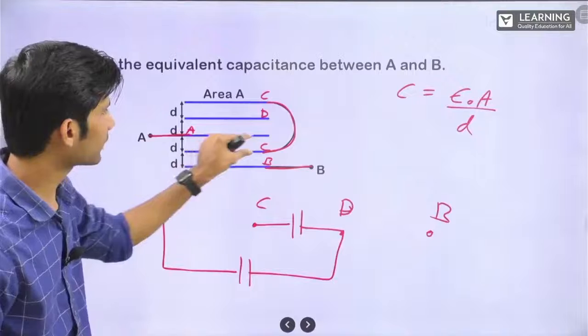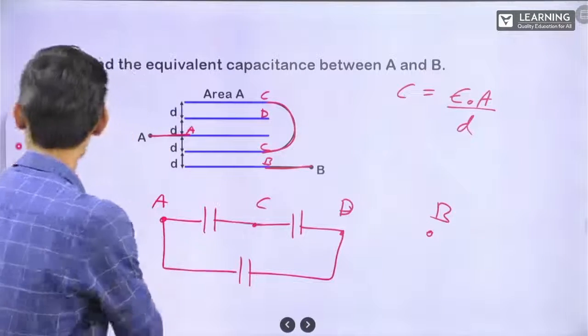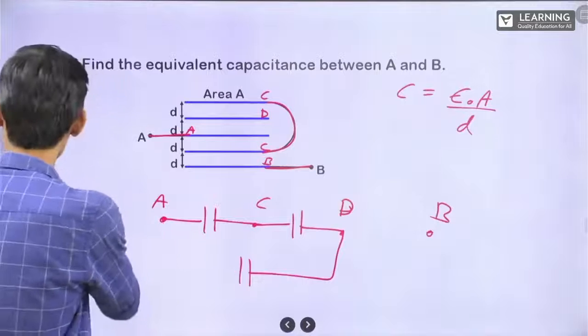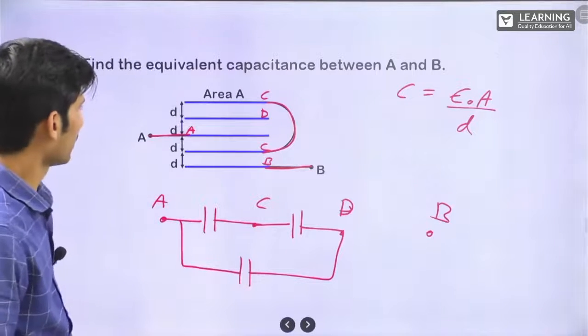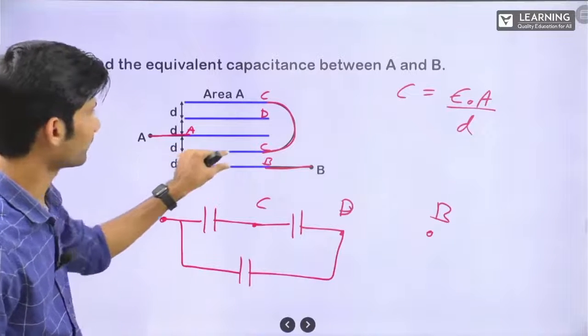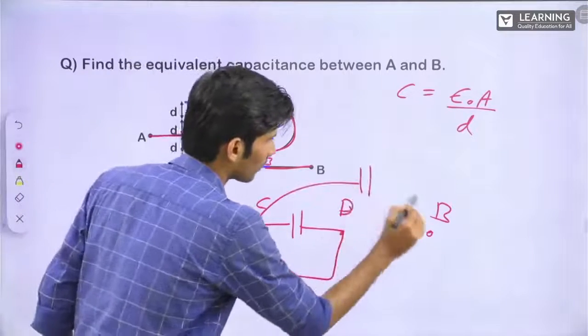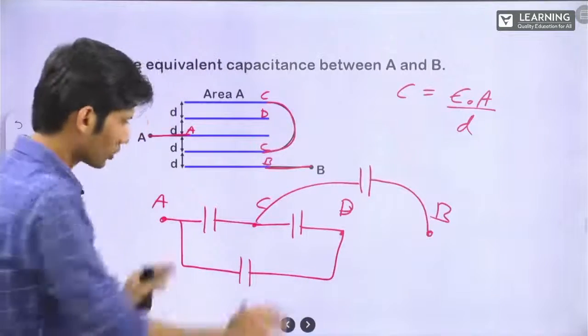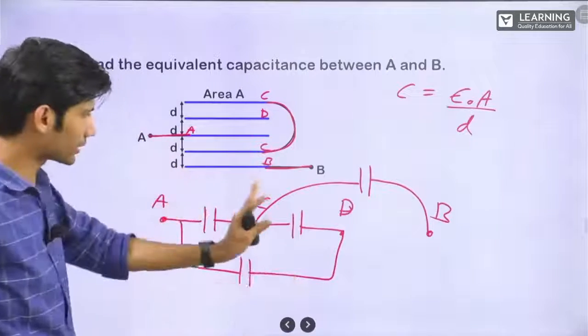This capacitance is between A and C. This capacitance is between B and C. So C is here, like this. So this circuit, if I shift it like this, can you understand how it is?